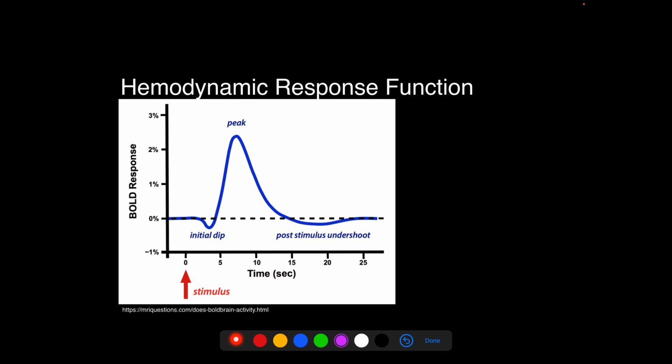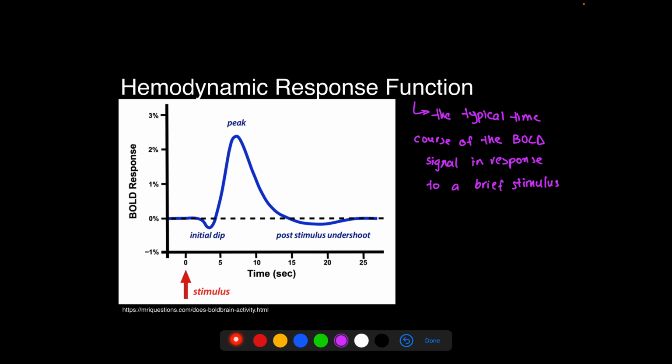Okay, so let's discuss the hemodynamic response function. The easiest way to understand this is to look at a very simple graph. So just a quick definition, the hemodynamic response function is the typical time course of the BOLD signal in response to a brief stimulus.